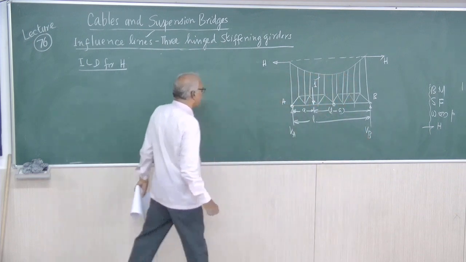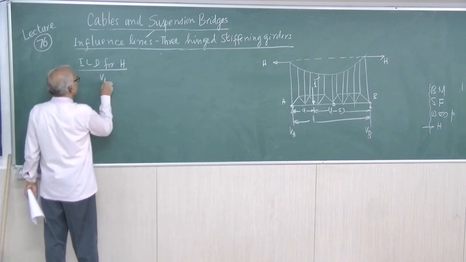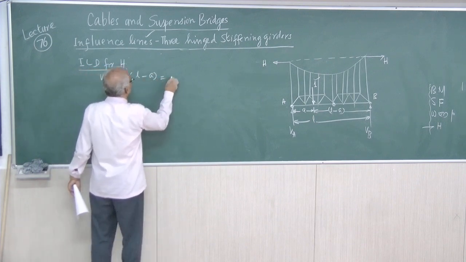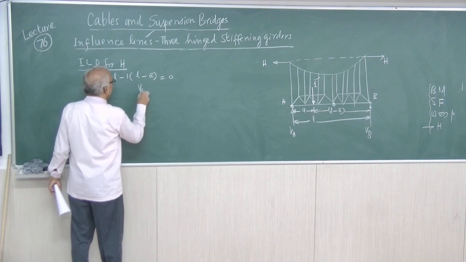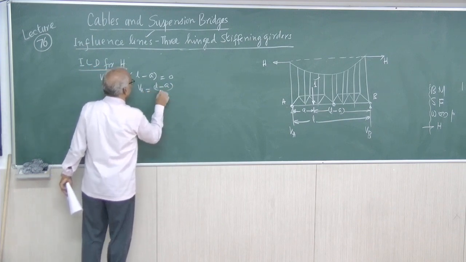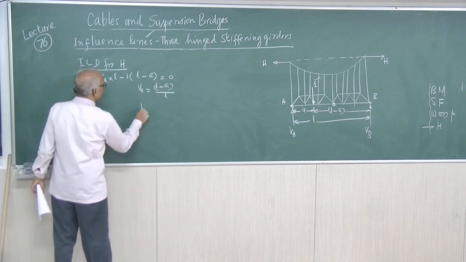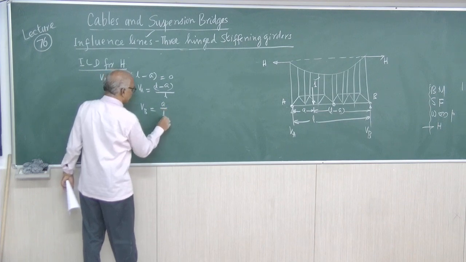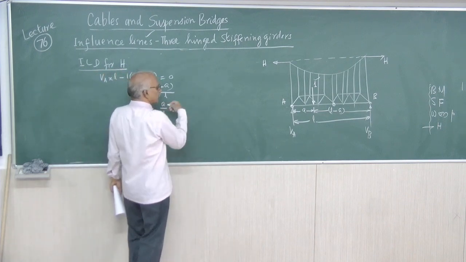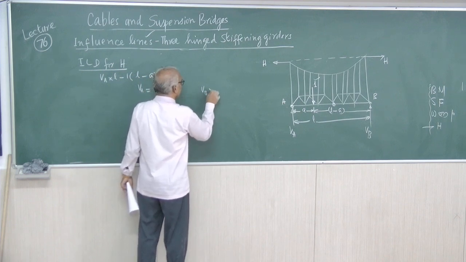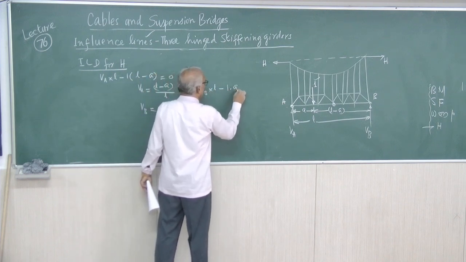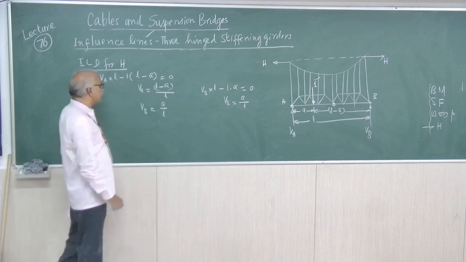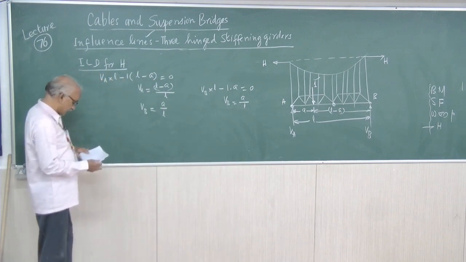Taking moments about B: VA into L minus 1 into L minus a equals 0, or VA equals (L minus a) by L. VB equals 1 minus VA, which gives a by L. Also, when we take moments about A, it is VB into L minus 1 into a equals 0. That also gives VB equal to a by L. VA equals (L minus a) by L, VB equals a by L.